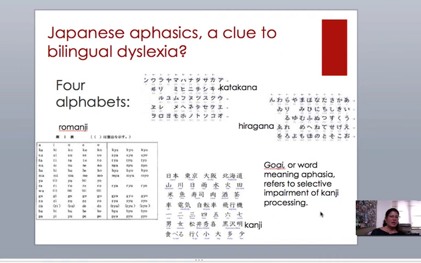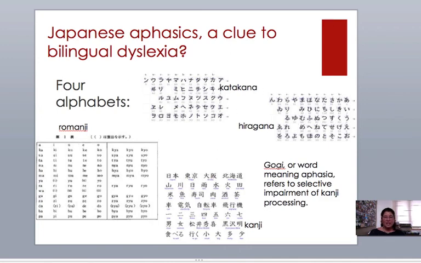And it's fascinating to find with Japanese aphasics, people who typically should be losing language, they might lose one of these alphabets or another, or they might lose all of them, but generally, if they lose the kanji, they didn't lose the hiragana, katakana, and romanji, and vice versa.